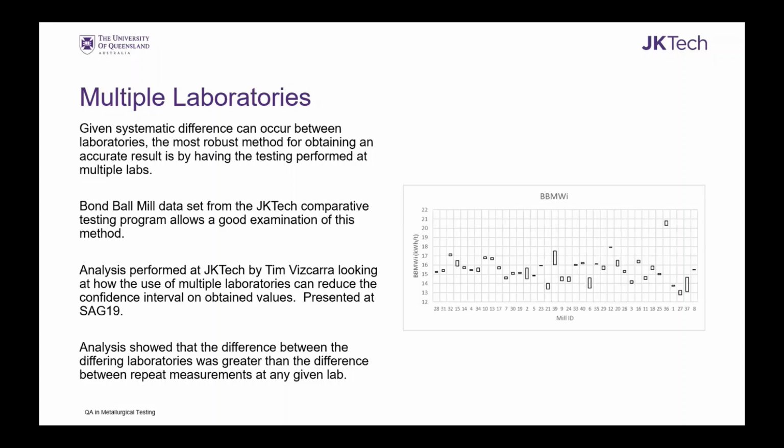He presented on this back at SAG 19, and I've just pulled out some of his slides. So as I said, that analysis showed that there are systematic differences, and the differences between labs are greater than the differences you get just in a single lab, just arising from the test method.